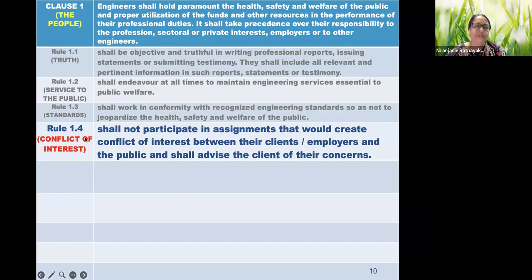So the next one is, shall not participate in assignments that would create conflict of interest between their clients, employers, and the public, and shall advise the client of their concerns. That's about conflict of interest, whether you are having something to do with another party, right?